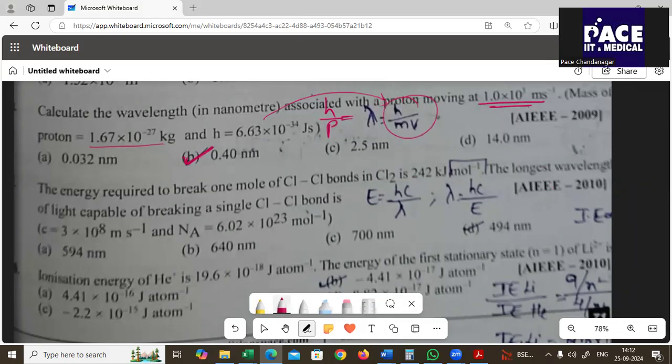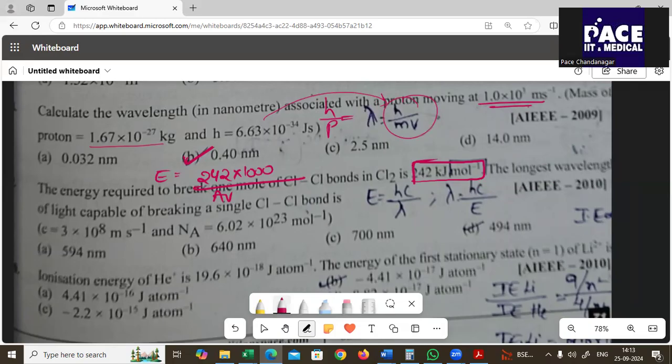Next, the energy required to break 1 mole of chlorine bonds is 242 kilojoules per mole. And we are talking about not per mole here, so the energy is 242 kilojoules, which I write as 242 into 1000, converting into joules per mole, divided by the Avogadro number, 6.022 into 10 to the power 23.